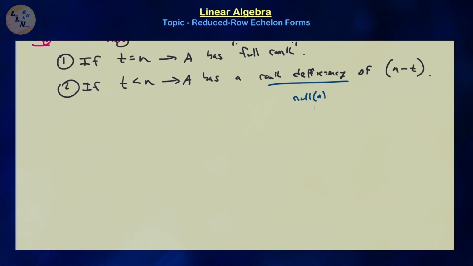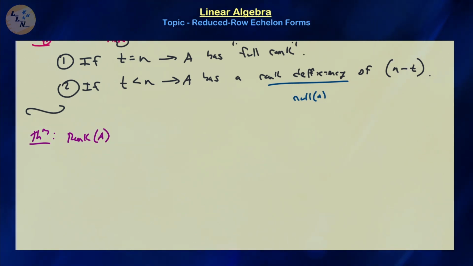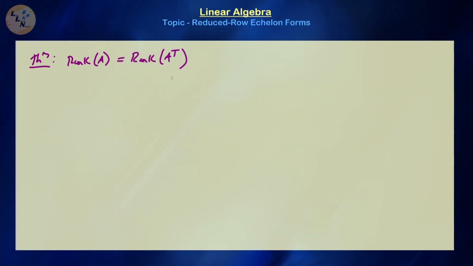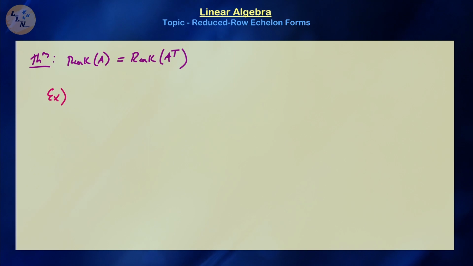Now, a very nice theorem that I'm not going to prove is the following. Theorem: the rank of a matrix A is equal to the rank of its transpose. Now this might not be obvious, but it definitely is true.